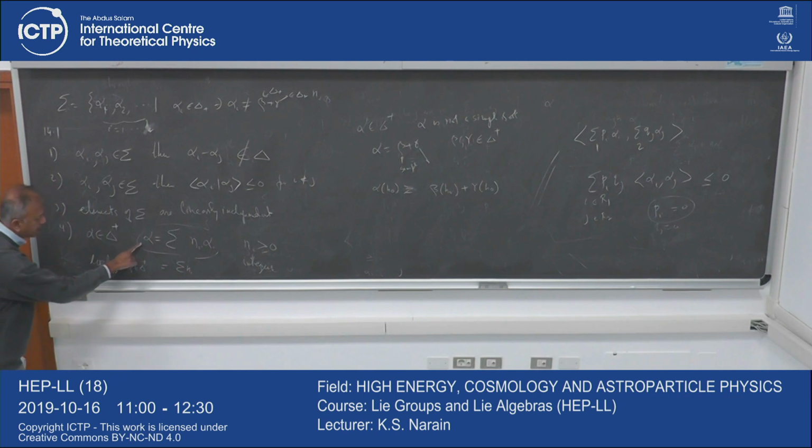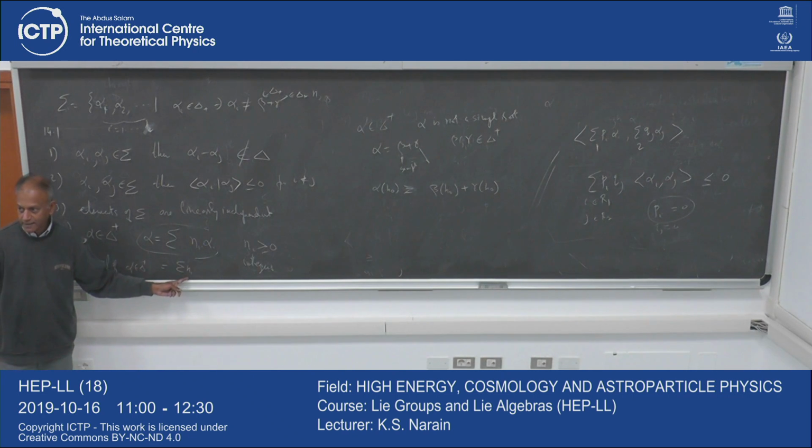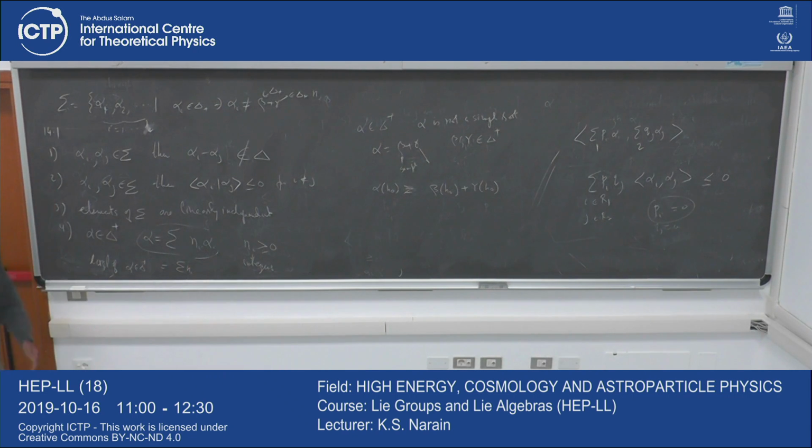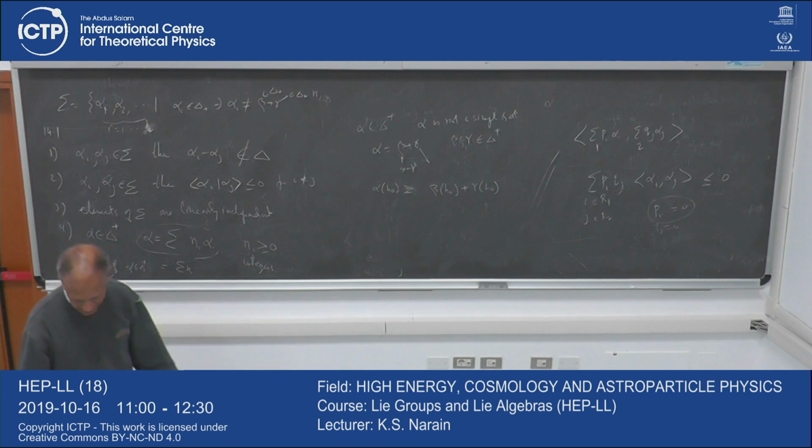If I write alpha in this sum, then I define the level of alpha as simply the sum over ni. This makes sense because none of them is negative. Right? None of these are negative numbers. So there's an order. We are basically giving some kind of an ordering.